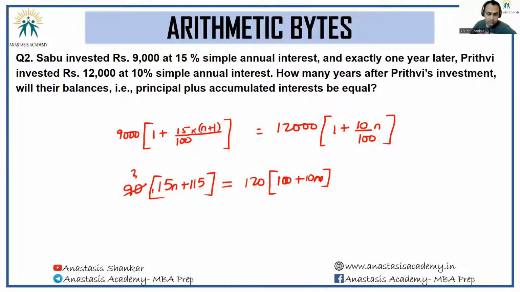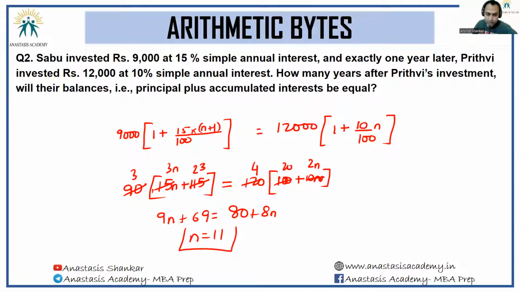So I can cancel this off. This becomes 3. This becomes 4. I can also cancel off 5s. This becomes 3n. This becomes 23. This becomes 20. This becomes 2n. So I get 9n plus 69 is equal to 80 plus 8n, or n is equal to 11. After 11 years, their amounts should be equal.